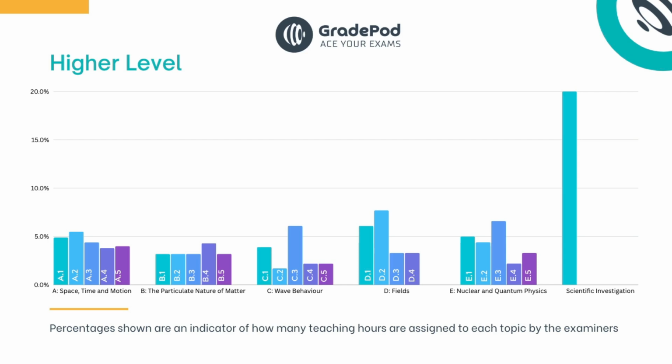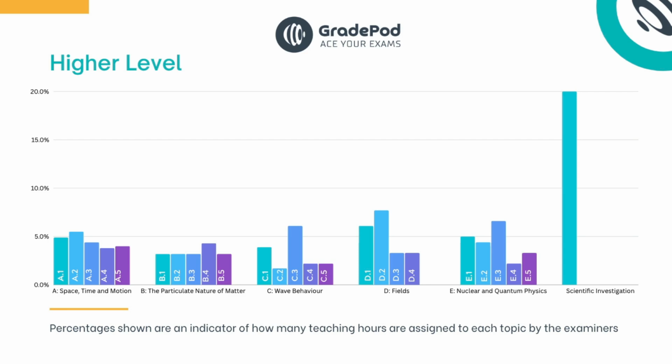Heading over to theme B and C, C3 seems to be fairly heavily weighted. D, fields, you can see very clearly that gravitation on electric and magnetic fields is weighted quite heavily. And finally, theme E, nuclear and quantum physics, you're looking at E1, E2, E3 being quite heavily weighted. And of course, your scientific investigation is weighted at 20% there as well.